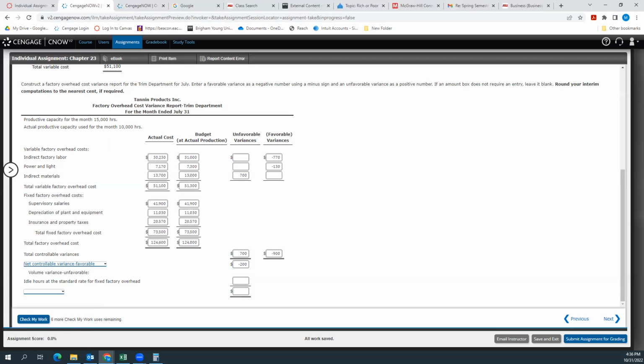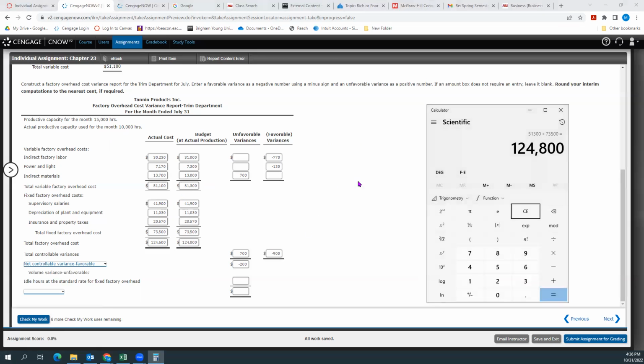So I'm going to take my total fixed overhead of 124,800, and divide that by 15,000 hours. So that's $8.32 per hour. Okay.